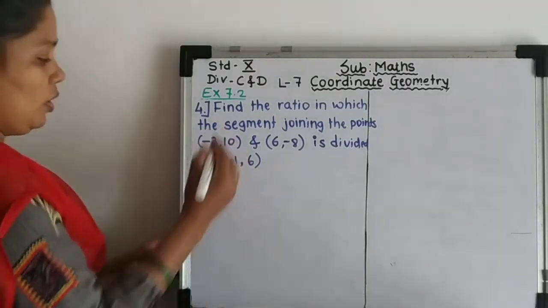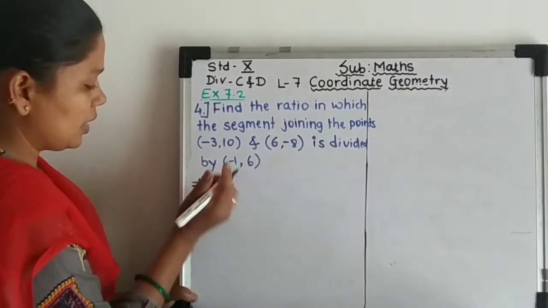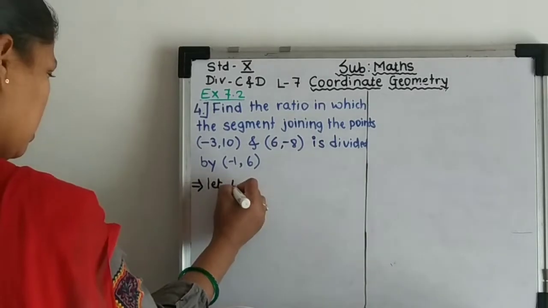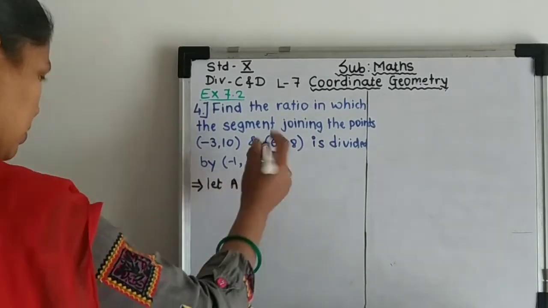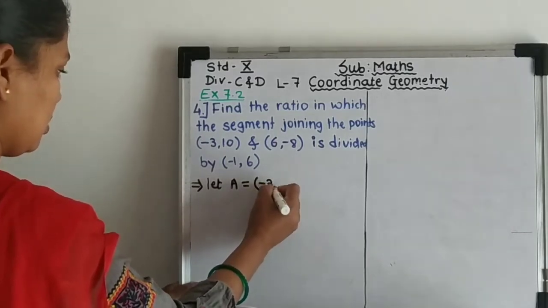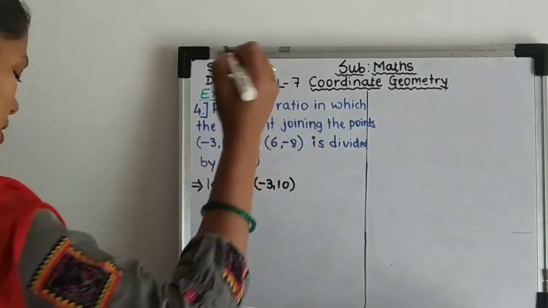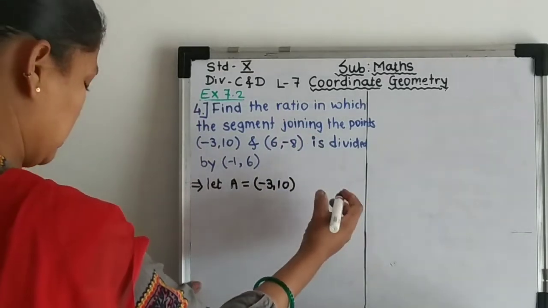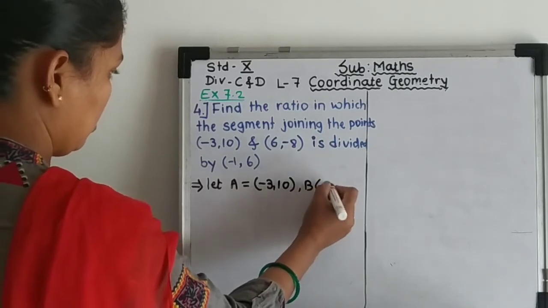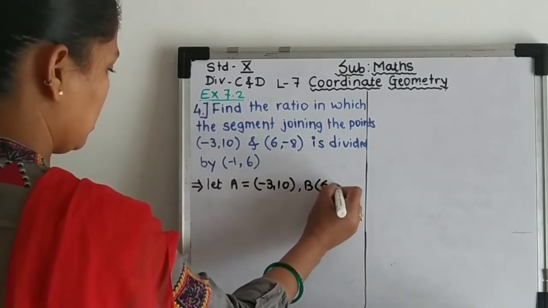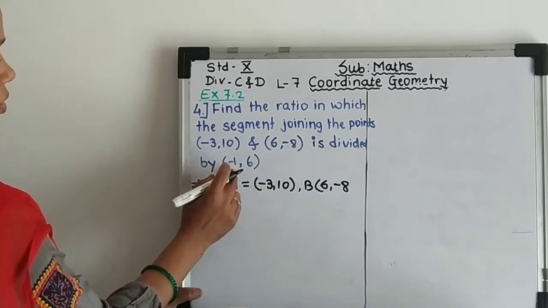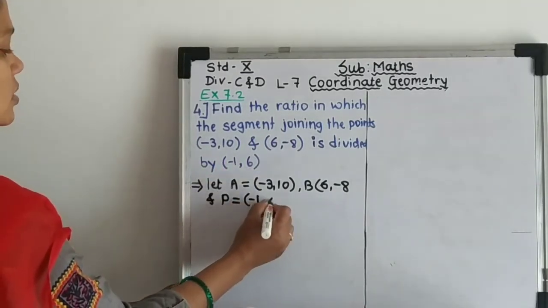So first of all, let us start that let A equal -3, 10, okay, and B equal 6, -8, and P equals what? -1, 6.